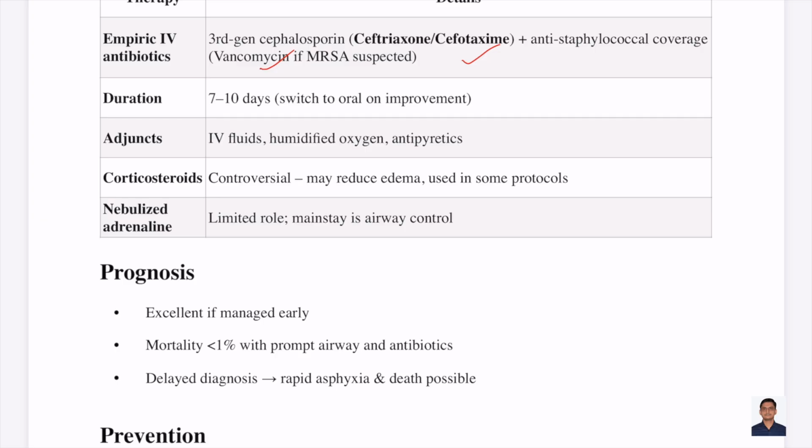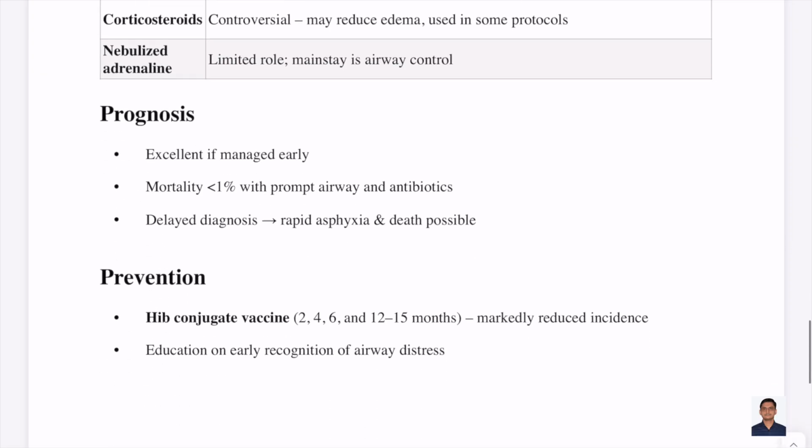Prognosis is excellent if airway management is done properly and early. Mortality is less than 1% if prompt airway management and antibiotics are started. However, delayed diagnosis and delayed management lead to rapid asphyxia and death.